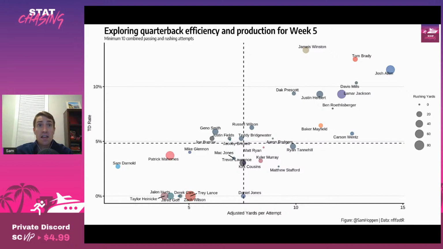And his negative 9.8% CPOE is dead last in the league among quarterbacks with at least 50 attempts, which is not what you like to see at all. So better days hopefully ahead for Fields, but I'm not holding anything out for him. I think there are better options available.